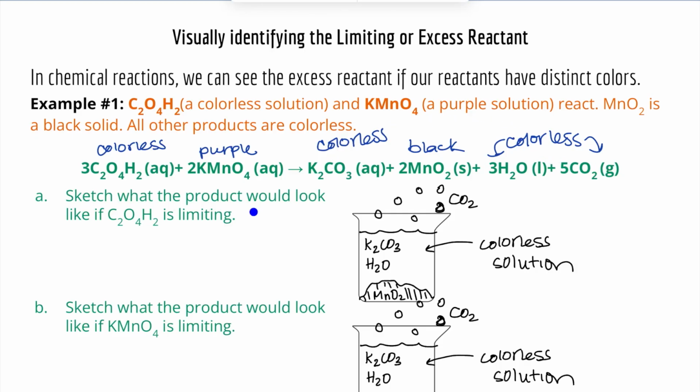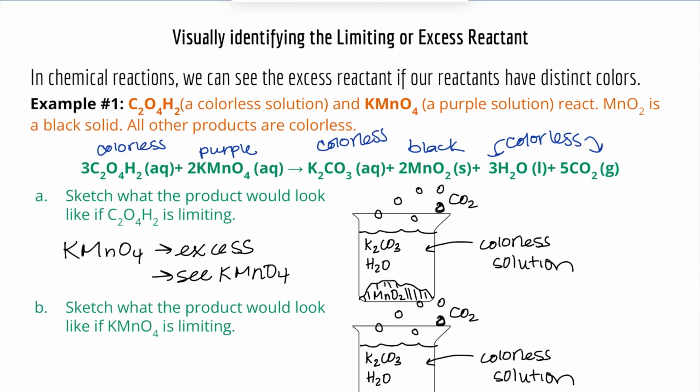So sketch what the product would look like if C2O4H2 is limiting. So if we use up all of this colorless solution, that means that we would have KMnO4 excess or left over, meaning that we would see that KMnO4 left in our beaker.